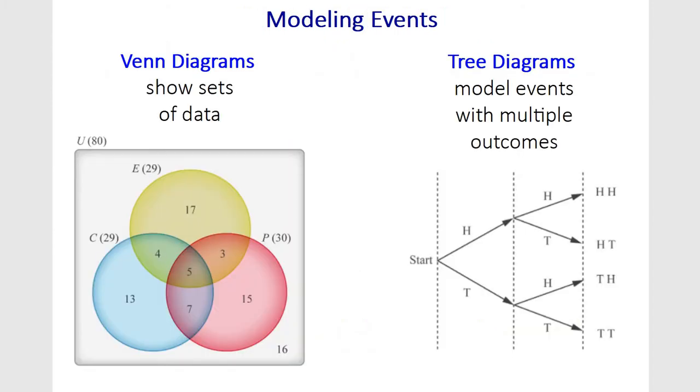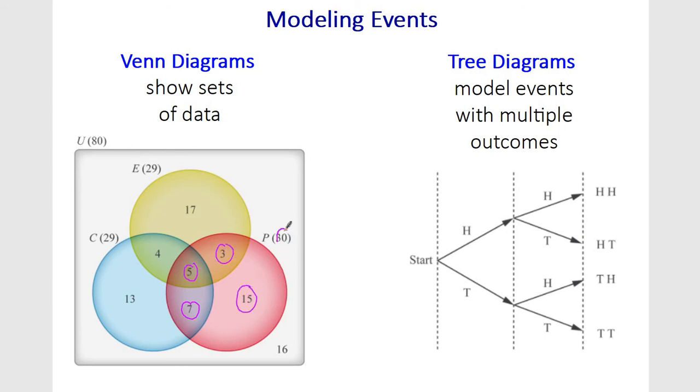The modeling events that you're probably used to by now are Venn diagrams and tree diagrams. An issue I've seen students have with Venn diagrams is not adding all the parts. If I want to know the probability of getting something in red, I would have to add the 7, 5, 3, and 15.